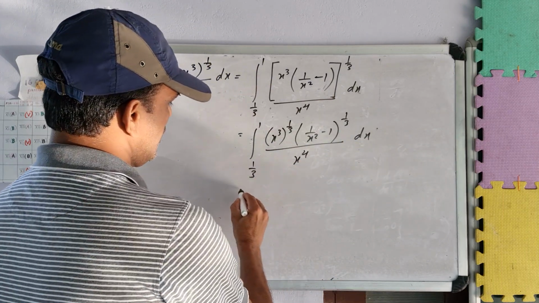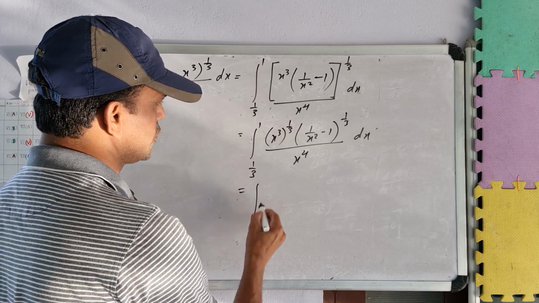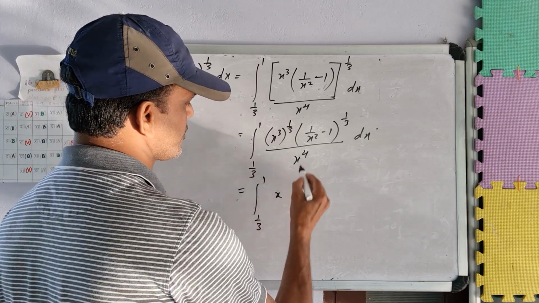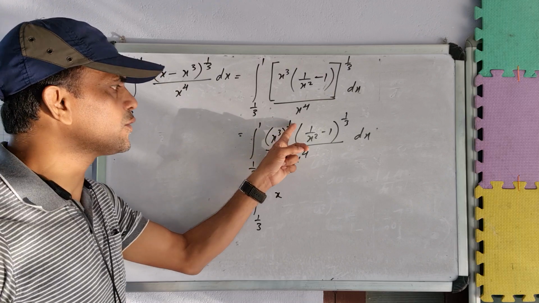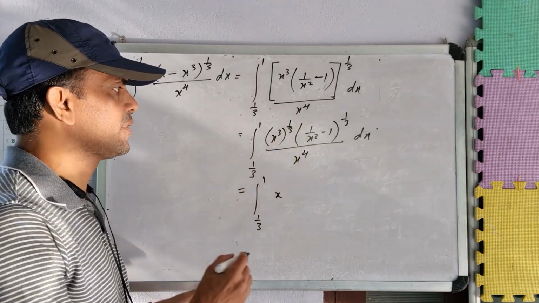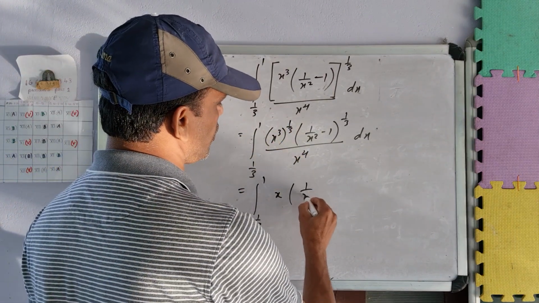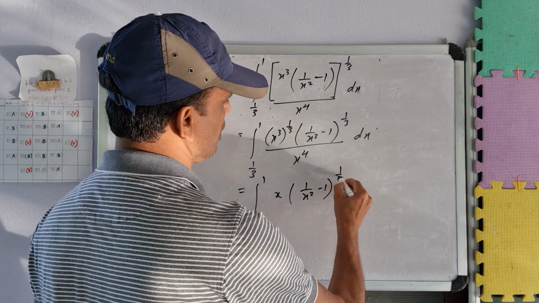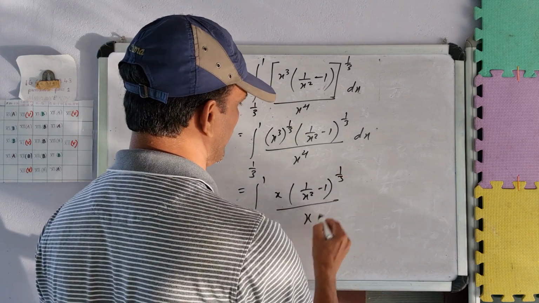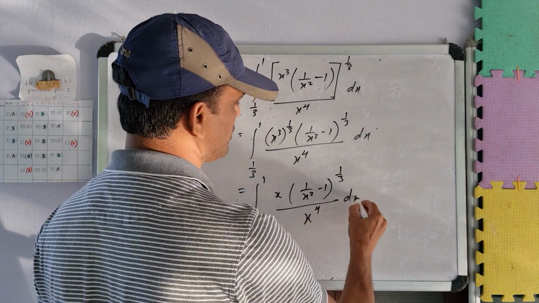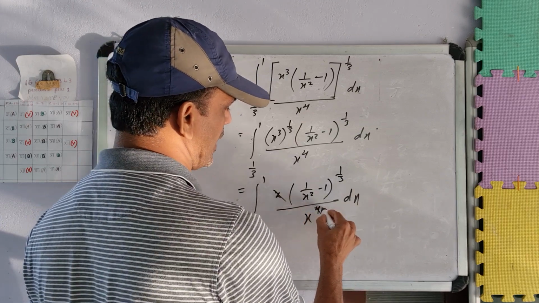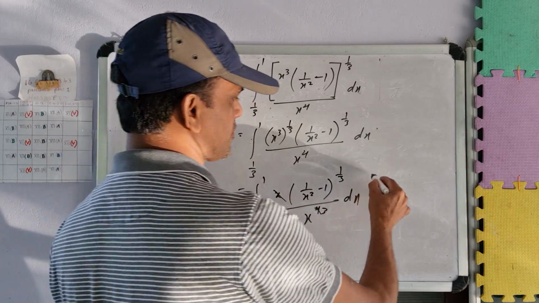Now it equals the integral 1 over 3 to 1, this is x, right? X cubed all raised to 1 over 3 is x times 1 over x squared minus 1 raised to 1 over 3 over x raised to 4 times dx. Cancel, and this is x cubed. Now we make some substitution.